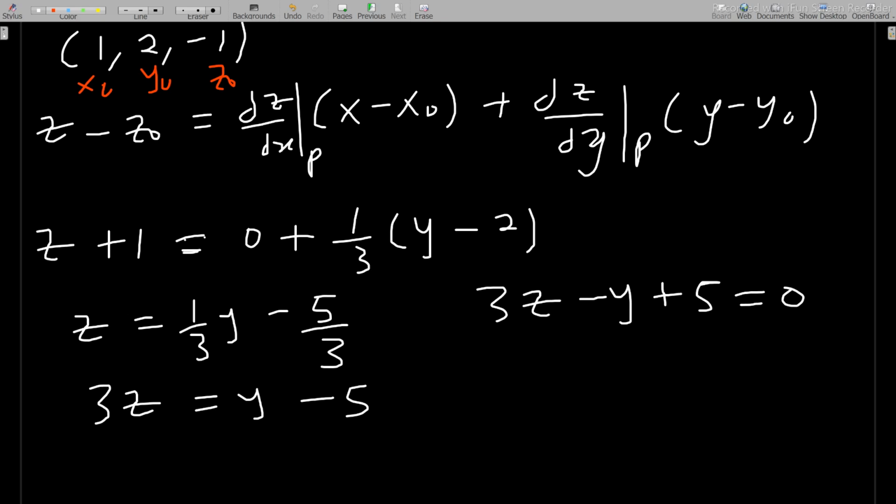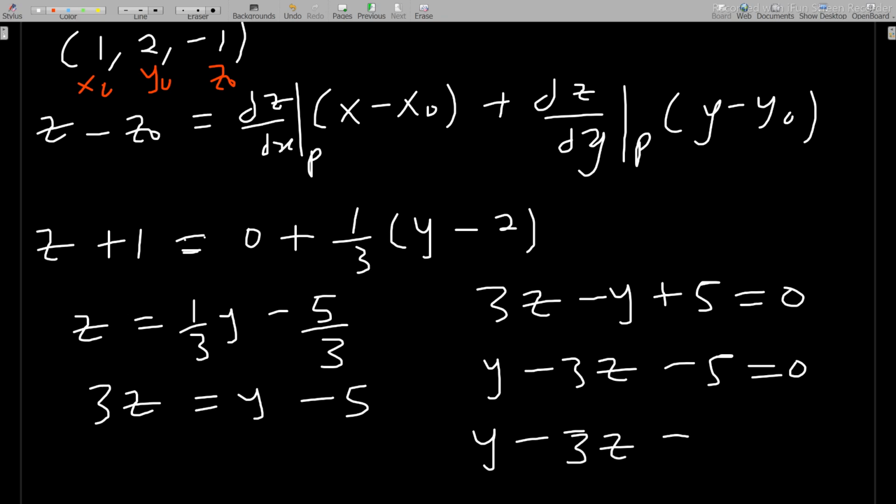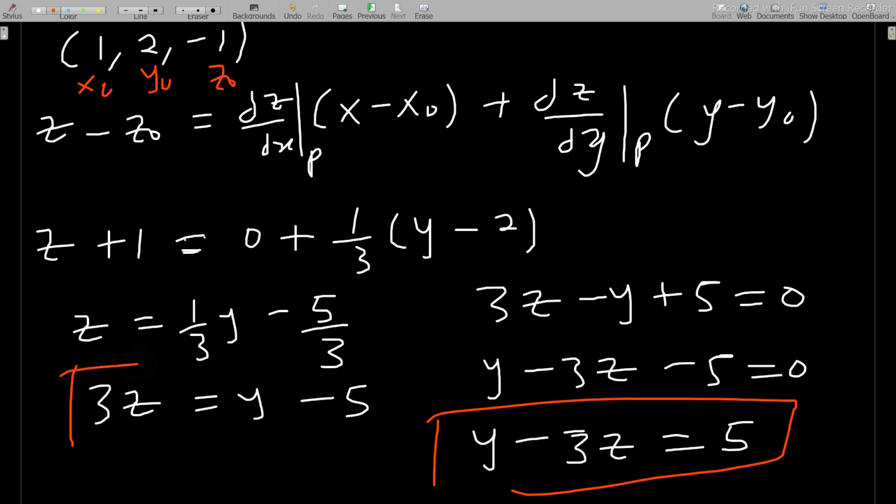Or somebody can also make sure that the y is positive, so y minus 3z minus 5 is equal to 0. I'm just trying to show you ways your answers can be given. But the most preferred one is either this or this one. I hope you can get it.